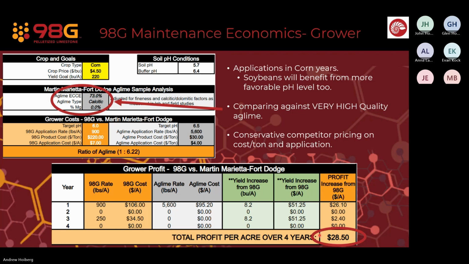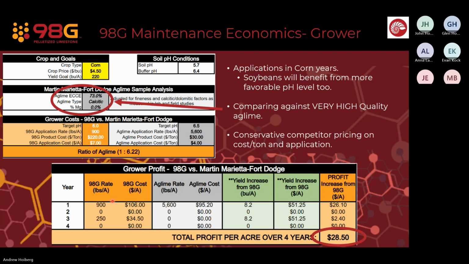What we're assuming here is much like Andrew showed with that graph showing the correction early on in the window, and then offering another maintenance application midway through this 4-year cycle. So you see that correction there with the 900-pound rate of 98G early on.